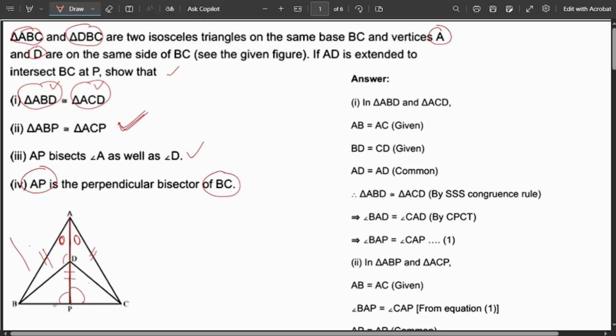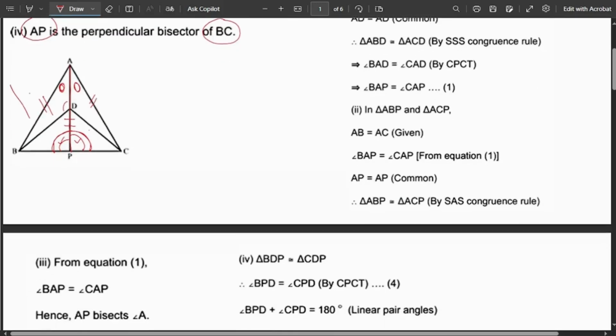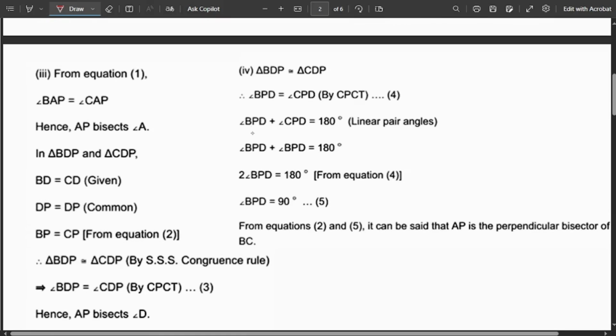And you can see that these are a linear pair of angles, which means their sum will be 180 degrees. So BPD equals CPD, and their sum is 180 degrees as they form a linear pair.